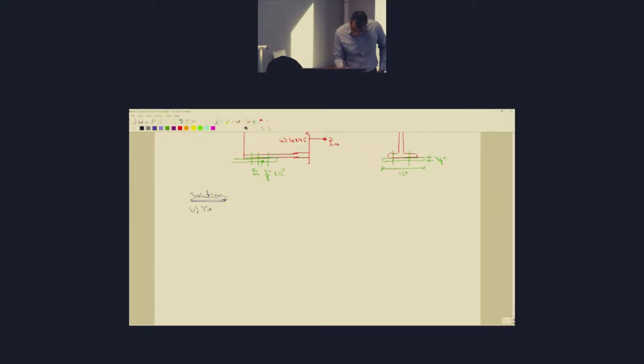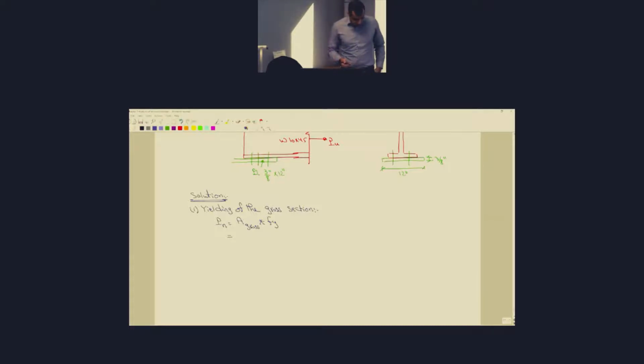So for the yielding of the cross section, the nominal load is equal to the gross area multiplied by the yield stress. The gross area, okay?